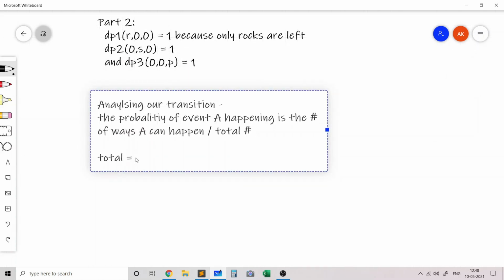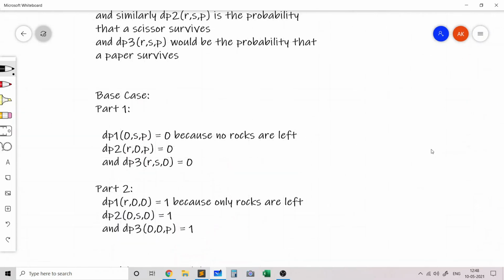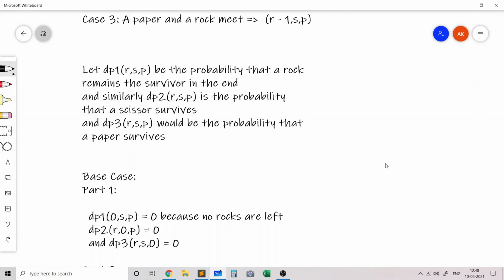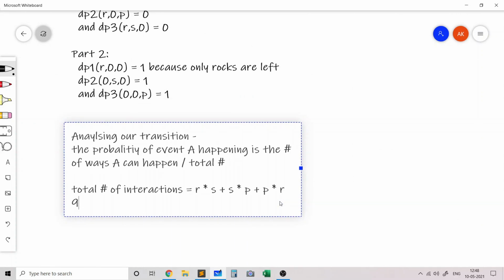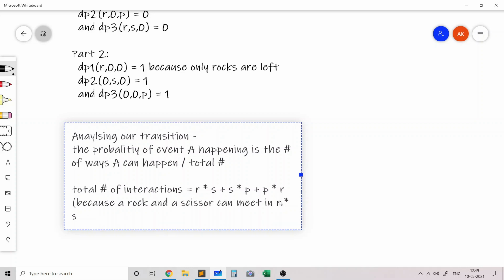The total number of interactions will just be R into S plus S into P plus P into R. This is because when a rock and a scissor meet, there are R rocks and S scissors, so there are R into S ways in which a rock and a scissor can meet.